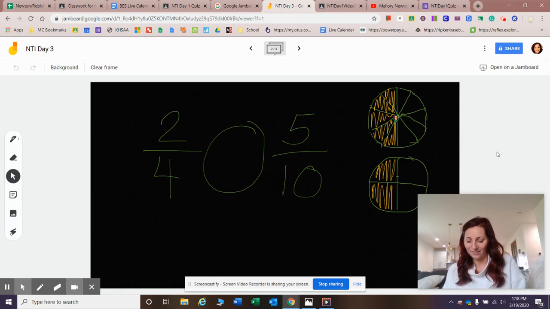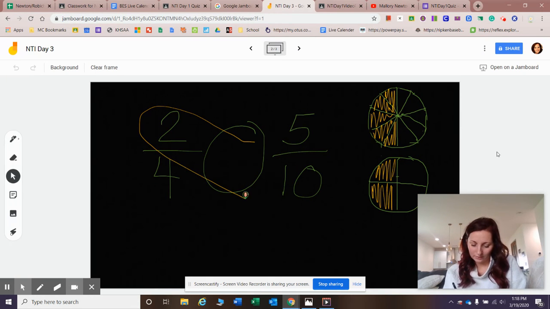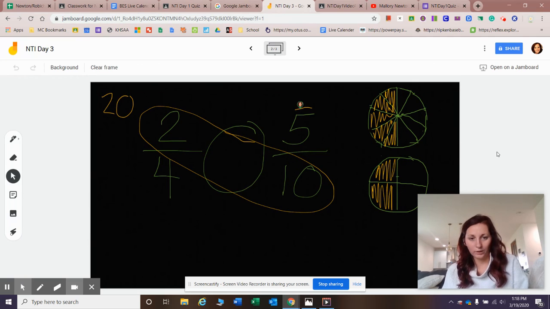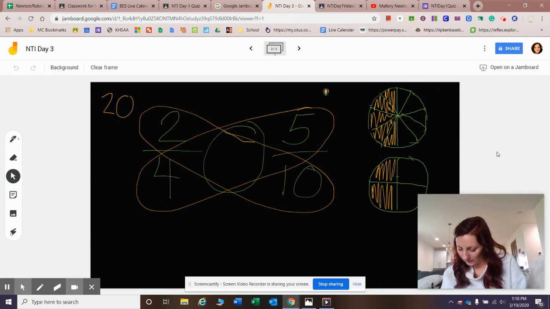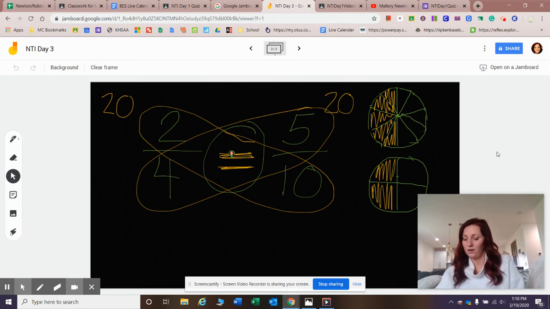Look at that. That's half of 10. Let's just double check it to make sure. I know 2 times 10 is 20, and I know that 4 times 5 is also 20. So 20 is the same as 20. So I know that 2/4 is equal to 5/10.